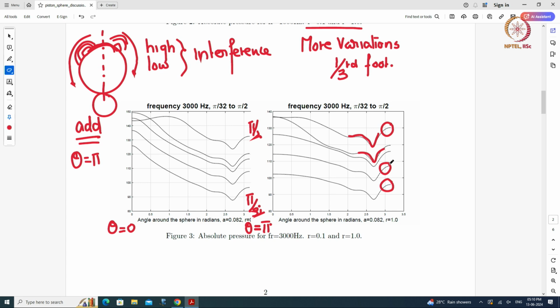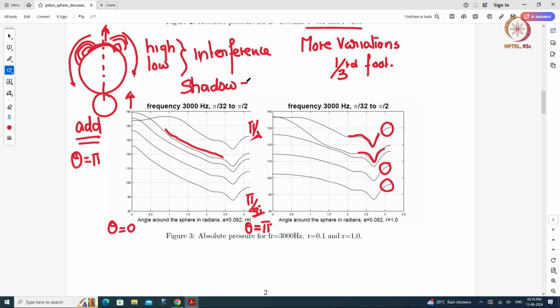Another thing that you see is that this drop is more radical. This is at theta equal to 0. As you move towards the back end, this drop is more radical, more steep. That steepness is called the shadow effect.